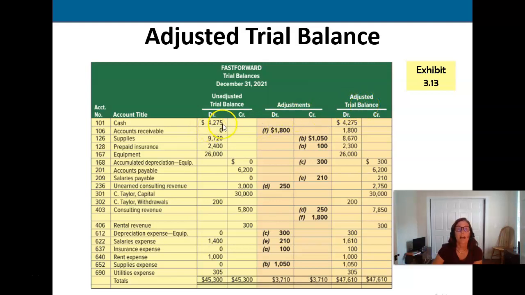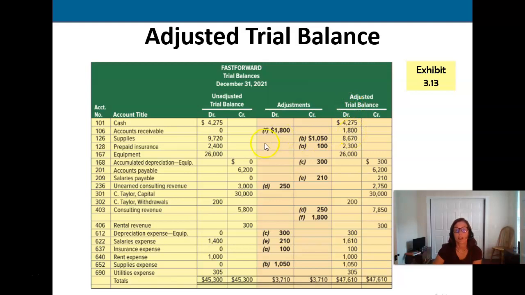Now, our cash, there was no adjustment made to cash, so that number comes straight across. On the other hand, our accounts receivable, we had to make an adjustment to that. So we had $1,800 from that. We used up some supplies, we used up some insurance. So again, these are assets, and the debit adjustment will result in the asset account increasing.